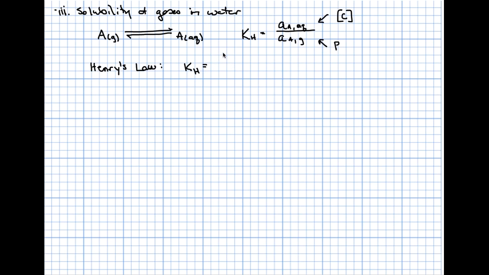KH is equal to the concentration of the species in aqueous phase divided by the partial pressure. And when written this way, the units are in molar concentration divided by atmospheres.